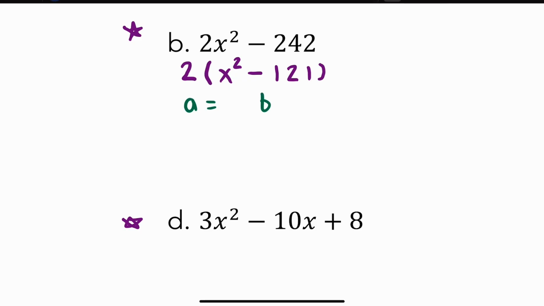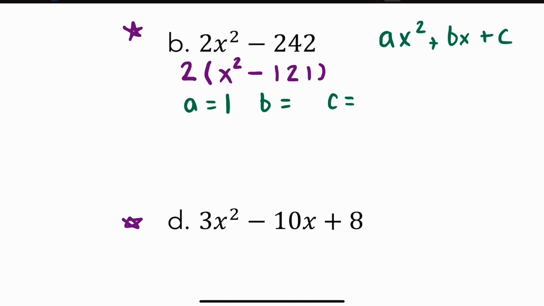your B, and your C. Remember that your A, B, and C are written in the form ax squared plus bx plus c. All right, our A now is 1 because we factored out that 2, so you act like it's not even there right now.